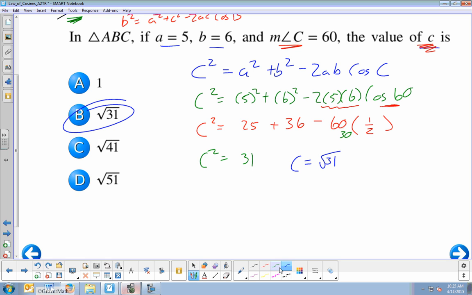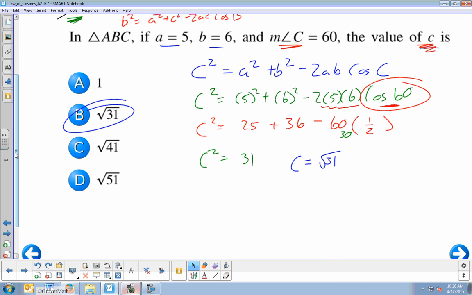No. Probably the only time it's going to work out that way is when this angle is 60, or the quadrant 2 equivalent, which is 120, because cosine of 60 and 120 is 1/2. Most other angles are radicals, and they would give us decimals, and maybe decimals are what you want, so your calculator can do it for you sometimes.